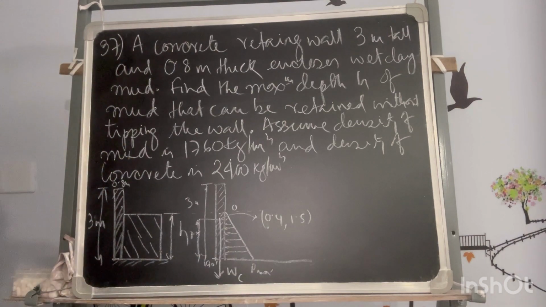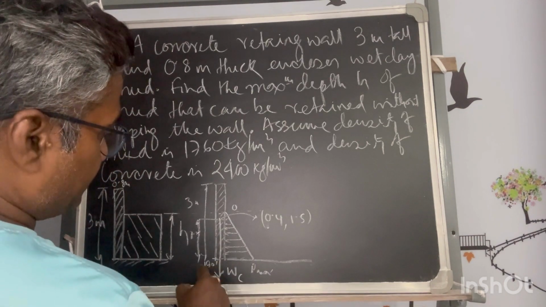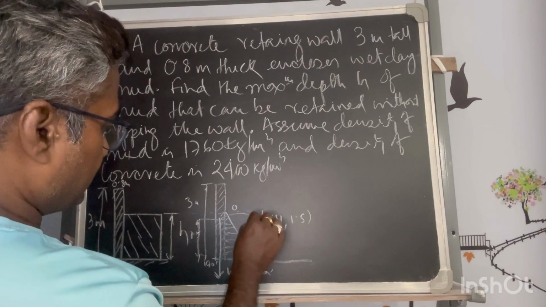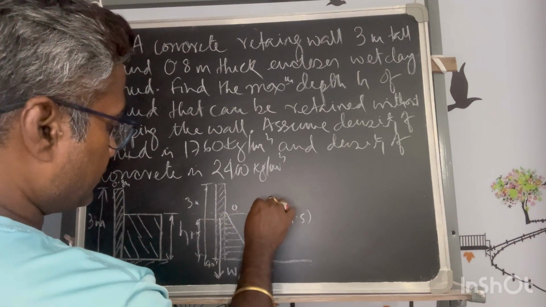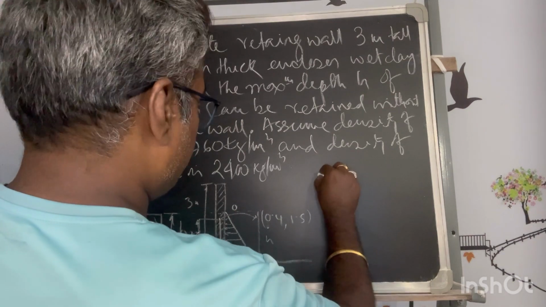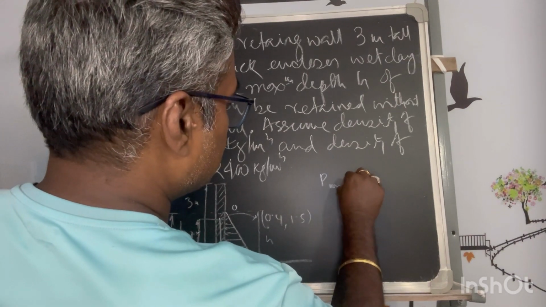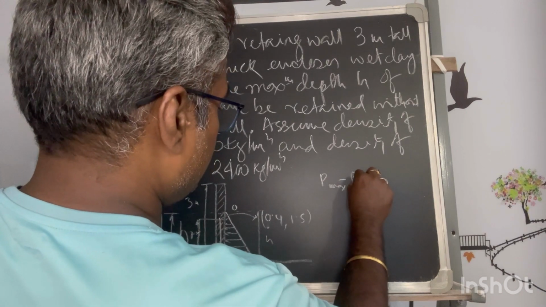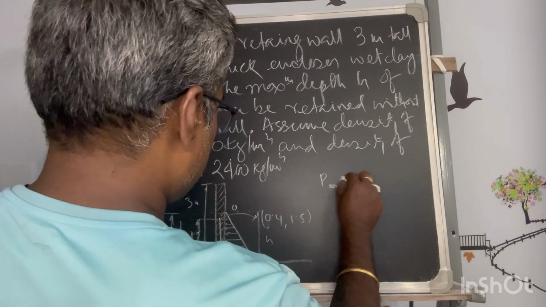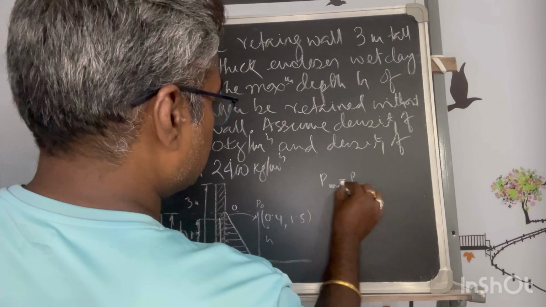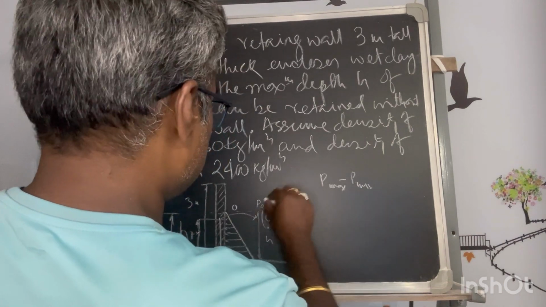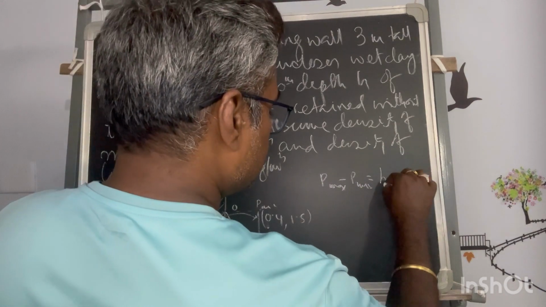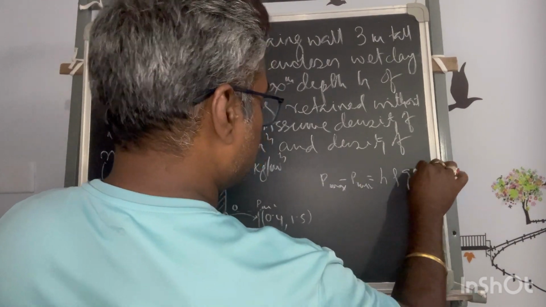There it is acting. And this pressure is varying with height, and this is having height of H. So the pressure difference, P max minus P min, I'm not considering the atmospheric pressure P0, is equal to H into rho into G of the mud.